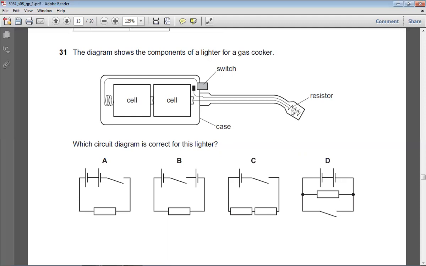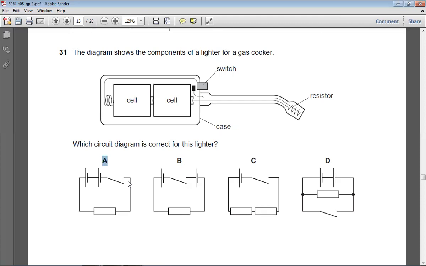So you have a battery, you should have a switch, and I think A looks the best to me.